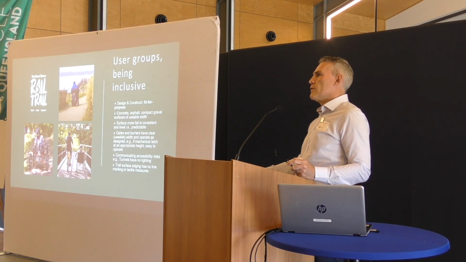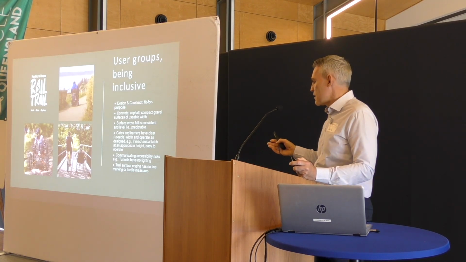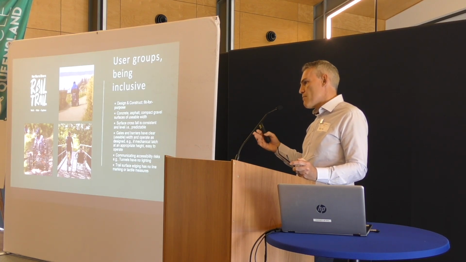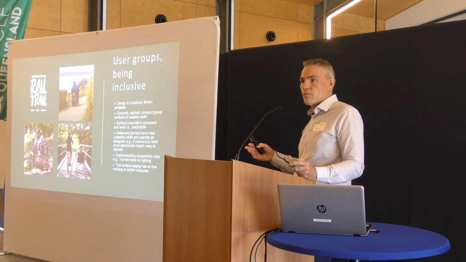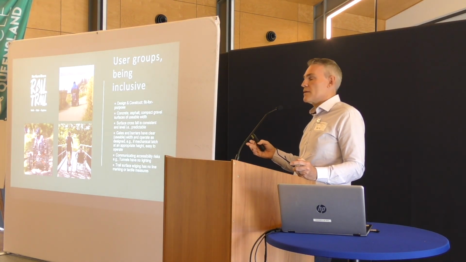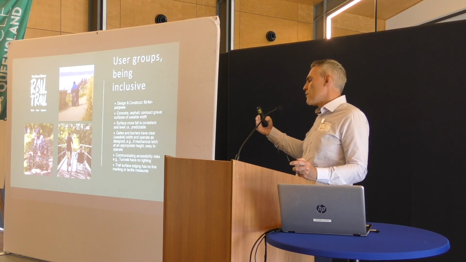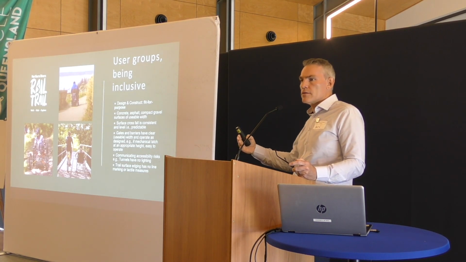The design element of that, and this is why it's so important, is that if you're not thinking about your end user, so it might be the person in the wheelchair, the chances are if you've got a gate, the lock's in the wrong place and then they can't access it. So it's just simple things. It's like when we did those barricades at the end of the trail when you get to a road interface.